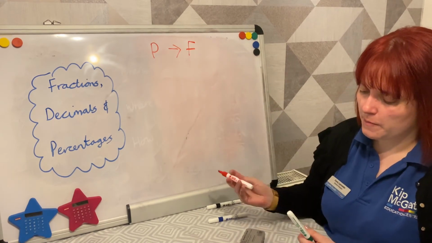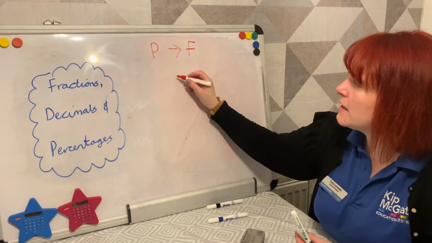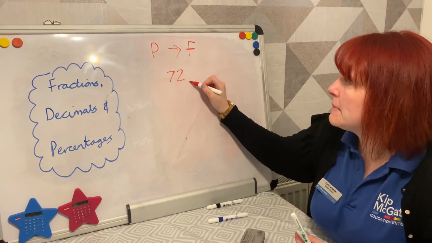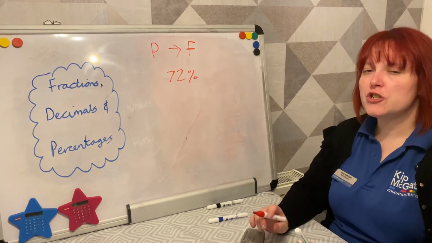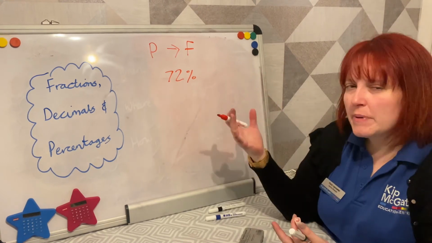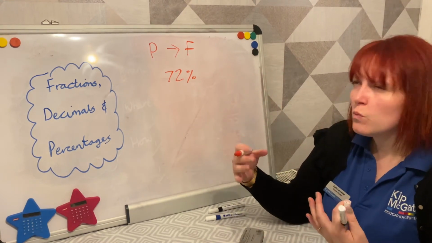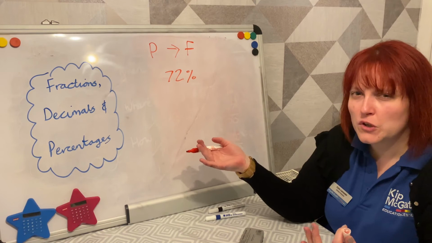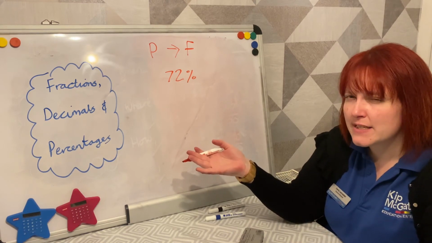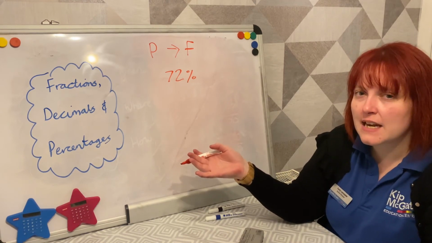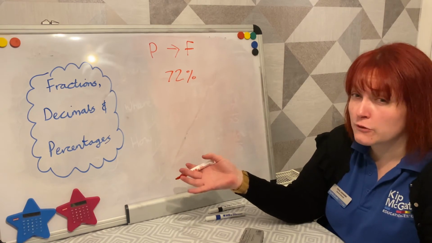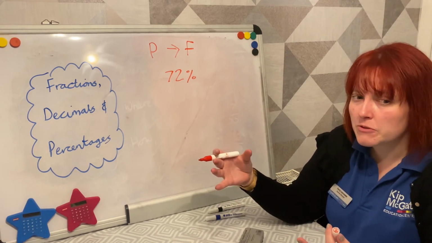So let's have our percentages again. Let's go with 72%. 72%. What is a percent out of? That's my question for the children. What is it out of? Well, percent is always out of 100. I know that a lot of people say things like 110, I give it 110%. That's mathematically incorrect and quite frustrating, but that's what people say.